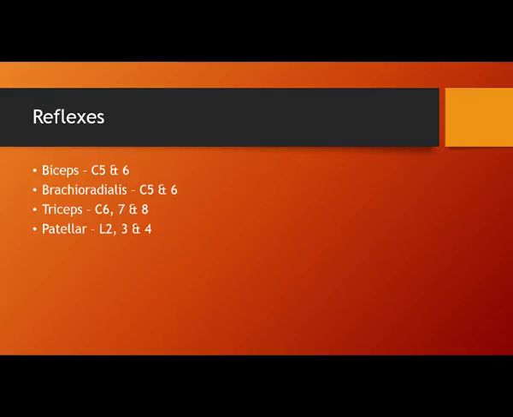So next, deep tendon reflexes. We'll show you in the lab how all these are done, and I have also included videos where people demo all these different reflexes. When you're testing them, you're actually testing if there's a lesion at different nerve levels, and I've put the nerve levels here for all the various deep tendon reflexes.